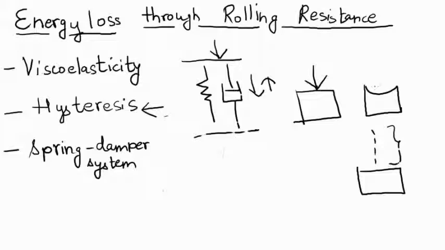In the same way, the rubber acts as a spring damper system. So when the change in form takes place, for understanding's sake, we can say that the frictional force that is acting is why the energy loss takes place.